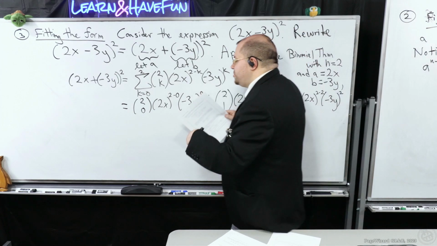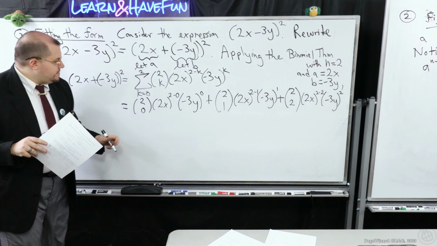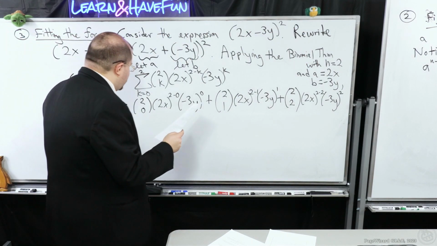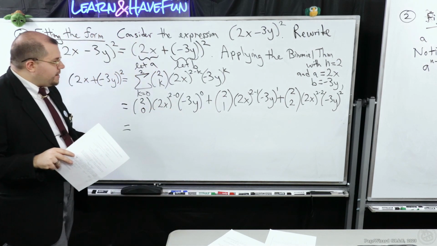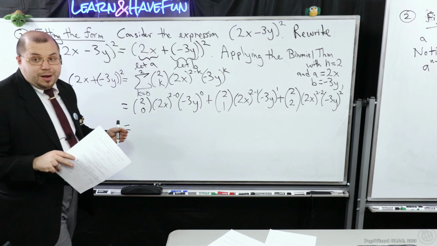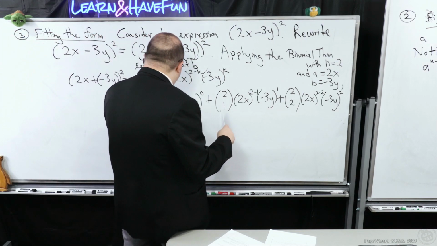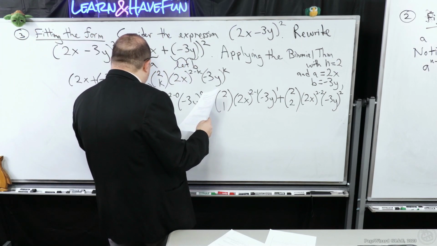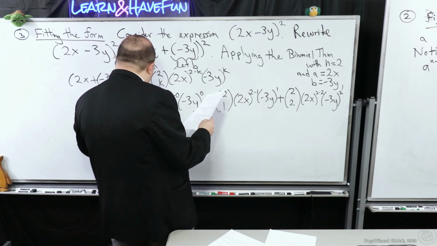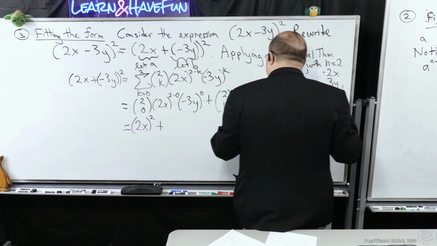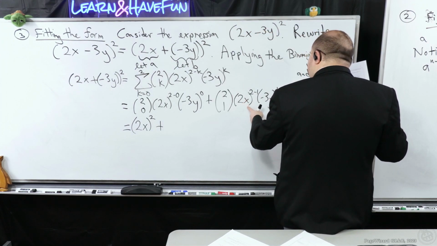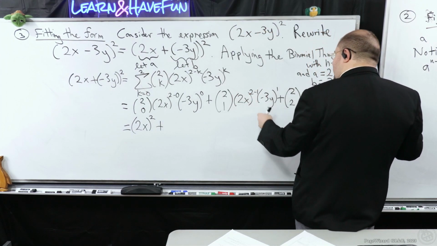So 2 choose 0, that's just 1, right? And also minus 3y to the power of 0, that's also 1, right? So you end up with just 2x all together squared, right? Now, 2 choose 1 is just 2, right? Then this is just 2x itself, because it's raised to the power of 1.